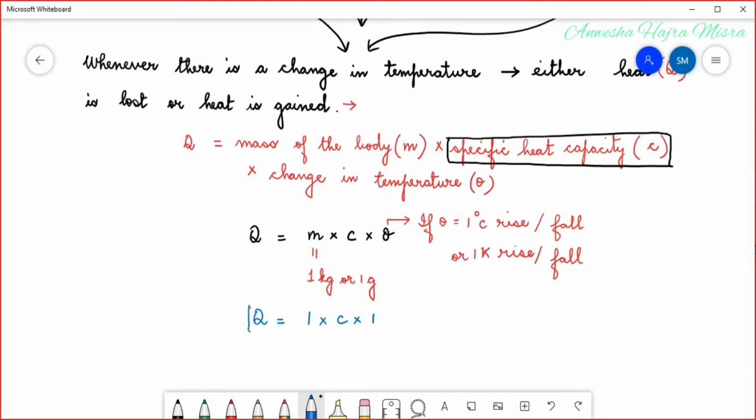In this case, from this expression we see C is equal to Q. So specific heat capacity C can be defined as Q, as a heat.